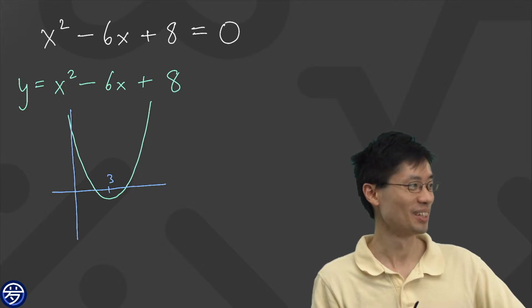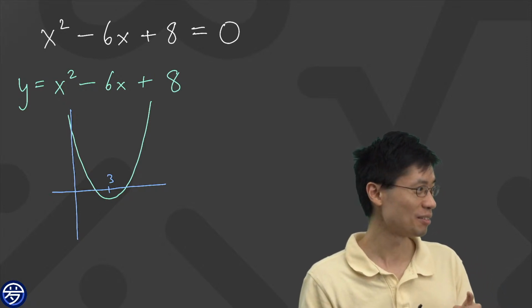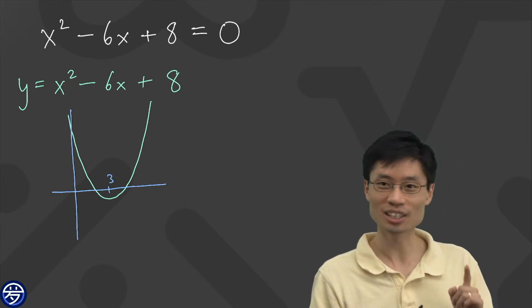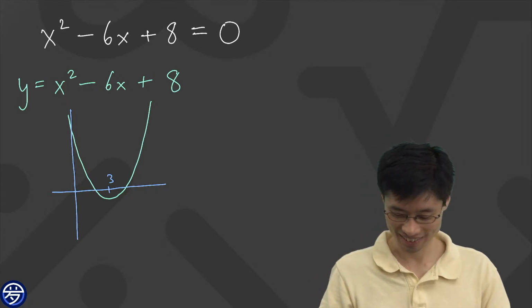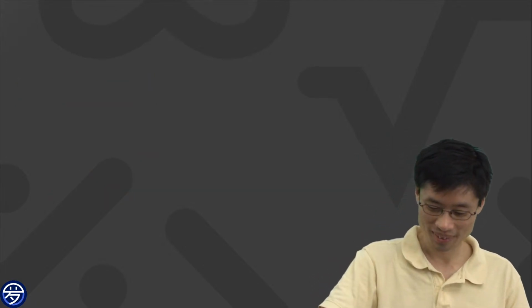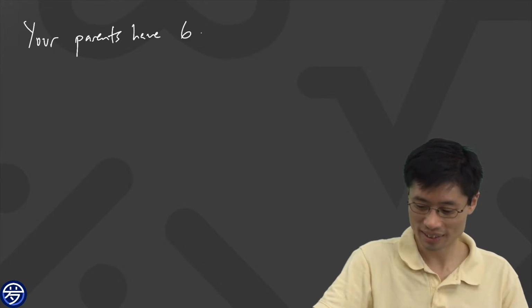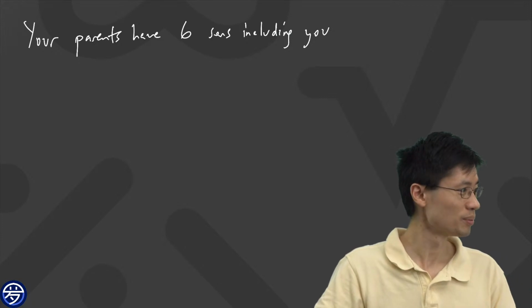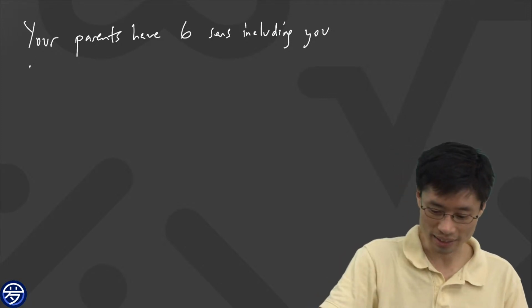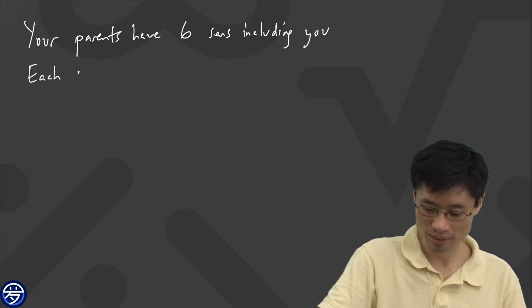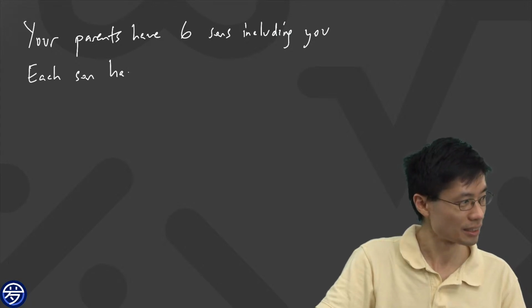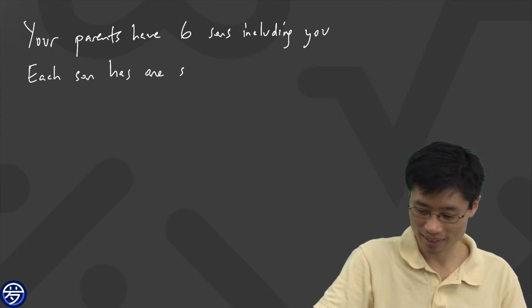Puja Meti: your parents have 6 sons, including you, and each son has 1 sister.